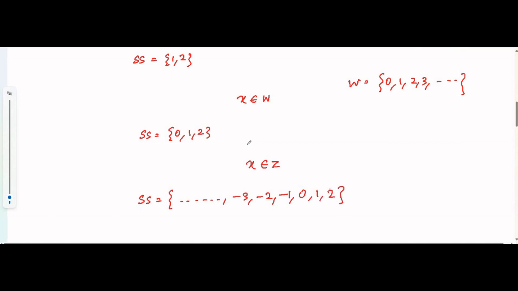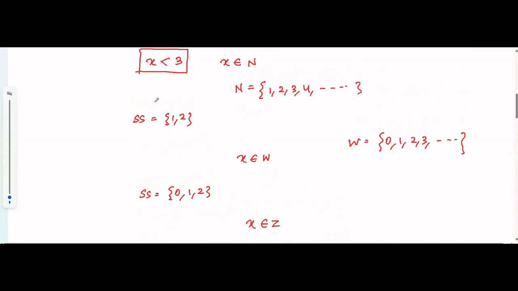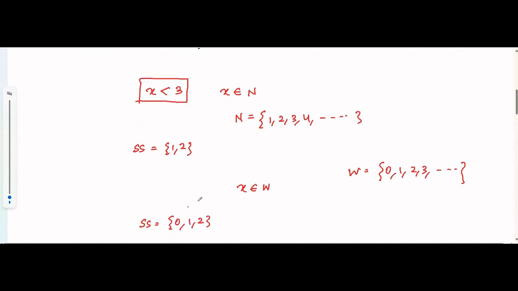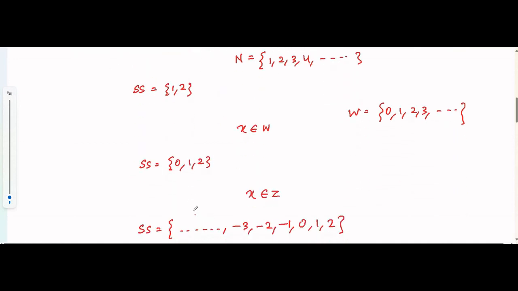So when the replacement set changes, the values which satisfy the given inequation relationship also change.